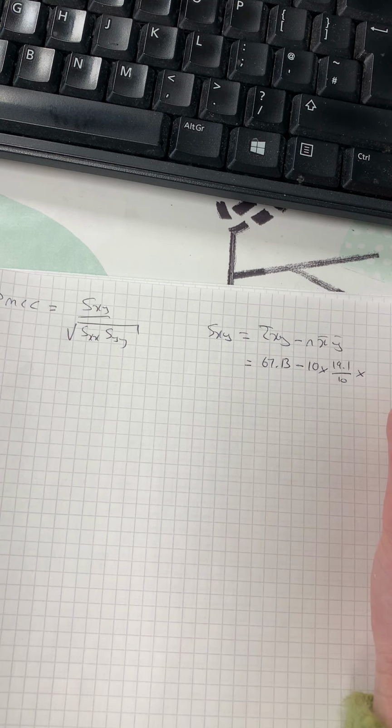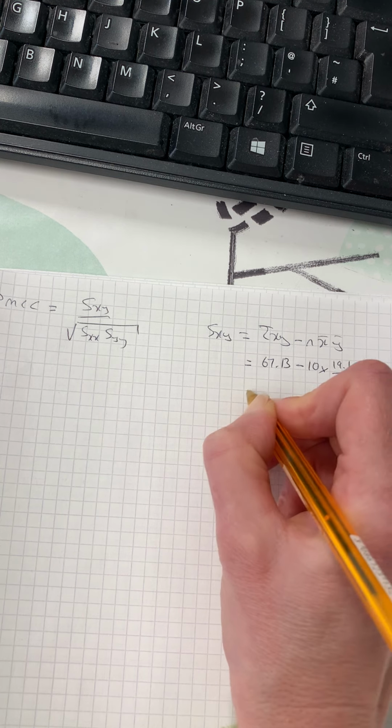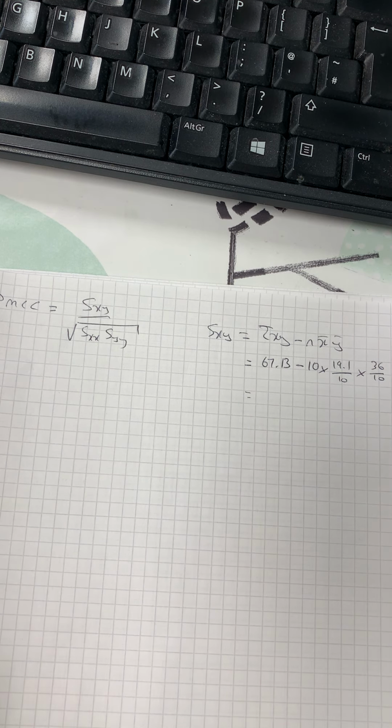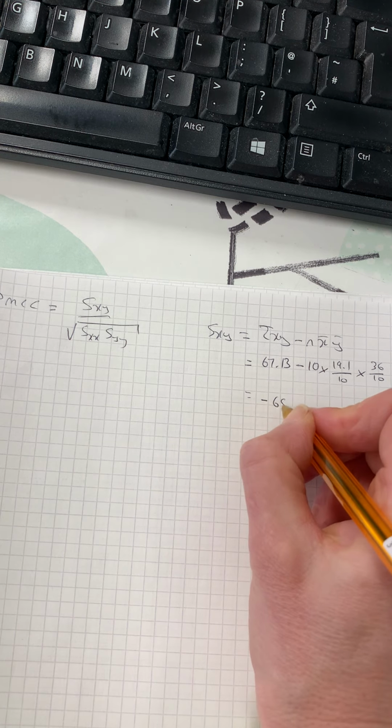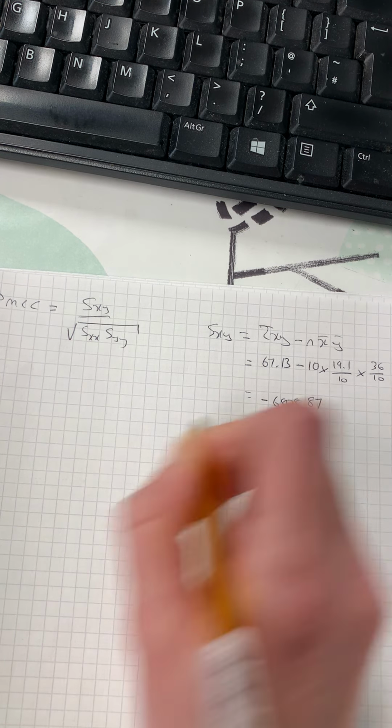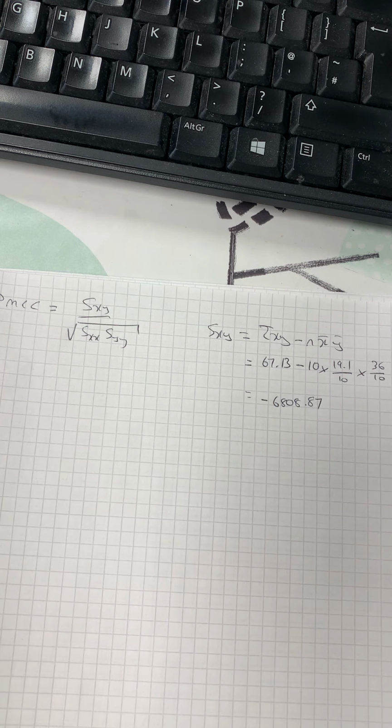The y's, or the w's in this case, the mean is the total divided by the number. So plugging all that into the calculator, so this is 67.13 minus the answer gives me an answer of minus 6808.87. Hope my figures are right here.